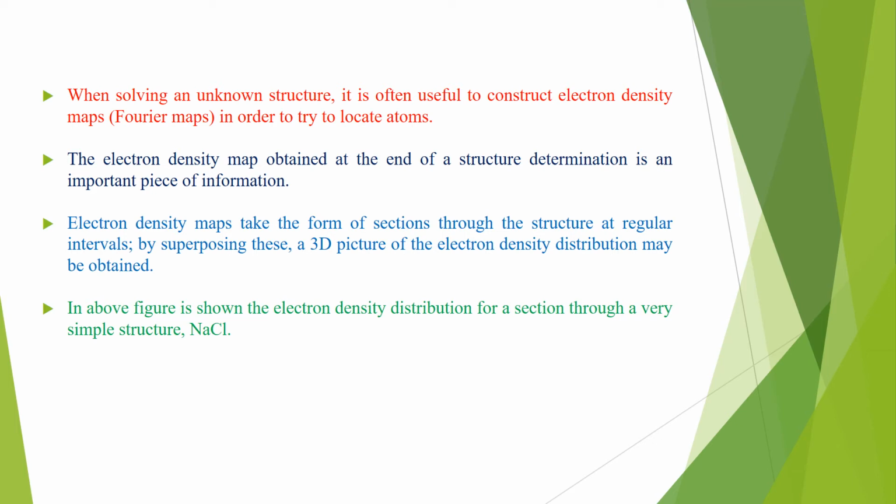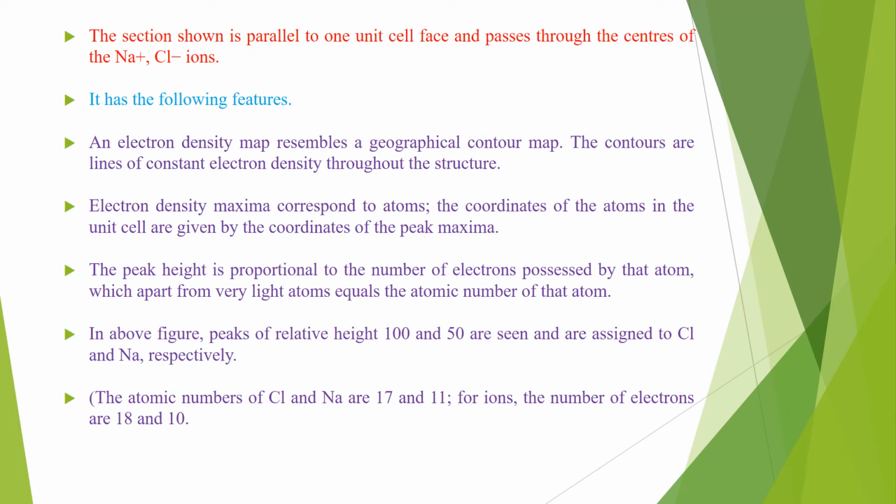In the above figure, we show the electron density distribution for a section through a very simple structure, NaCl. This is essentially a contour map showing lines of equal electron density by interpolation from the calculated electron density values at each point on the grid, superposed on the unit cell.